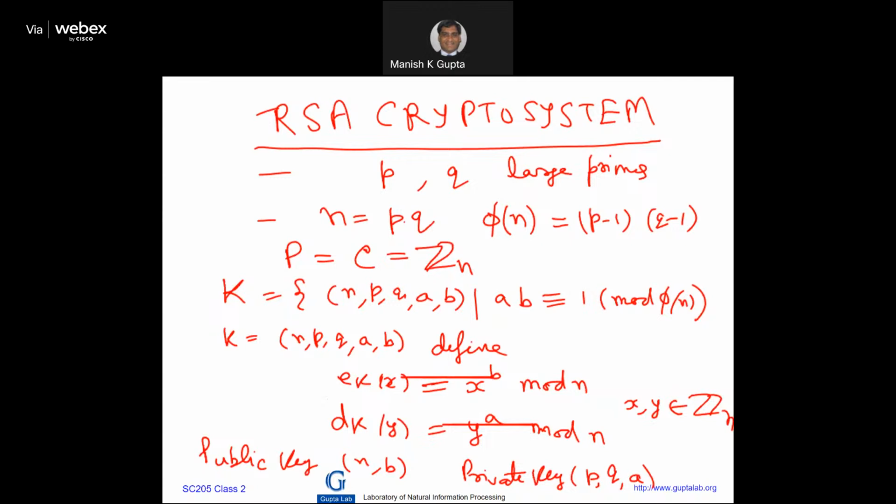N is a product of P and Q. Phi of N is P minus 1 times Q minus 1. And again, I am challenging those competitive programming lovers: can you write a program for factoring an integer? The integer could be 200 digits long, 400 digits long. Think how you can write a program for factoring an integer, right?